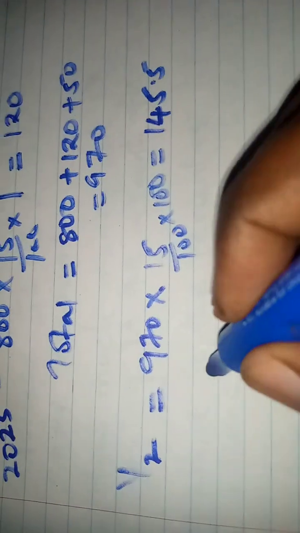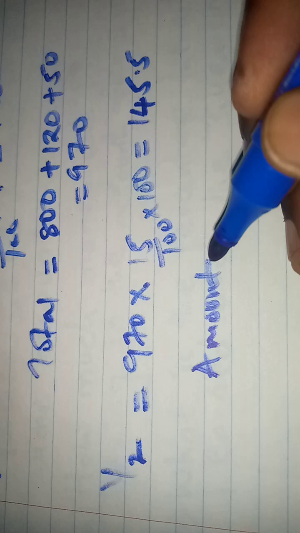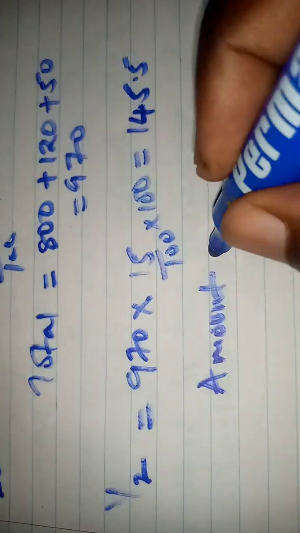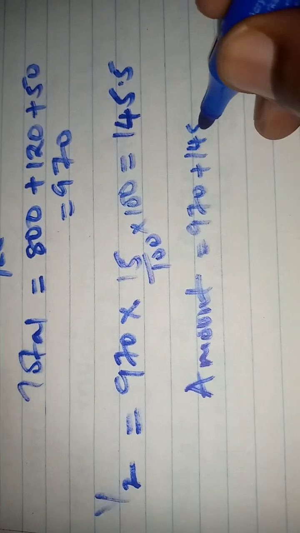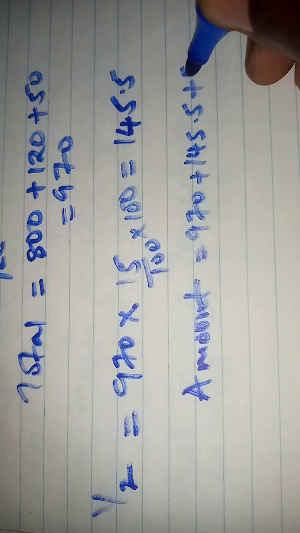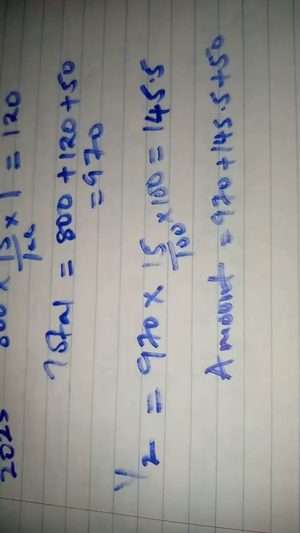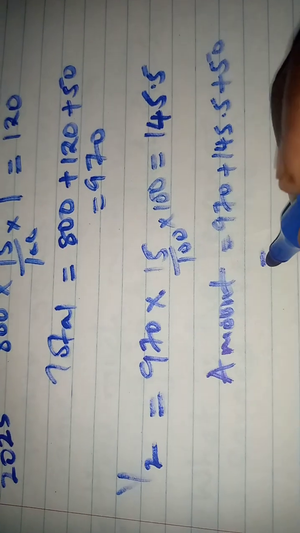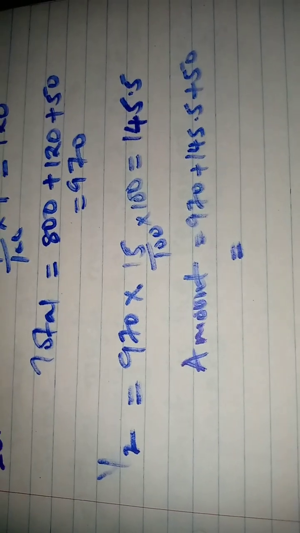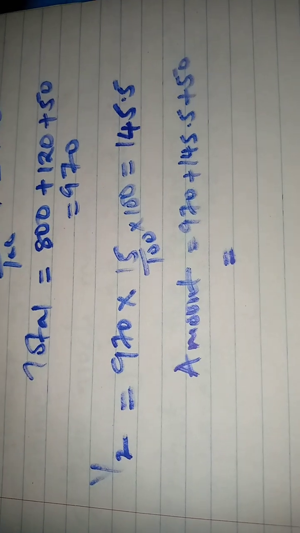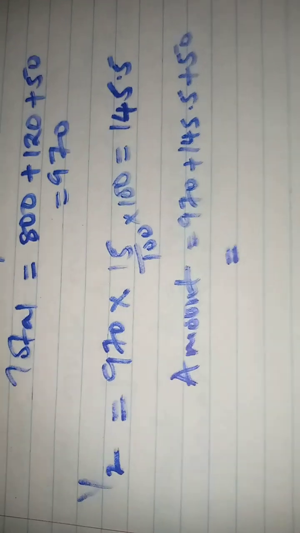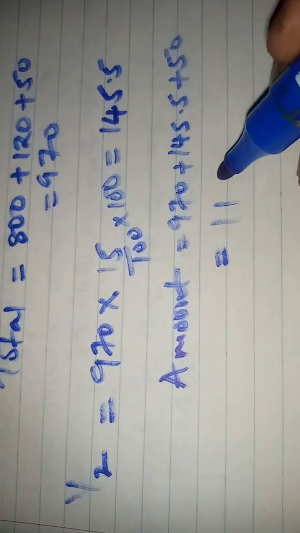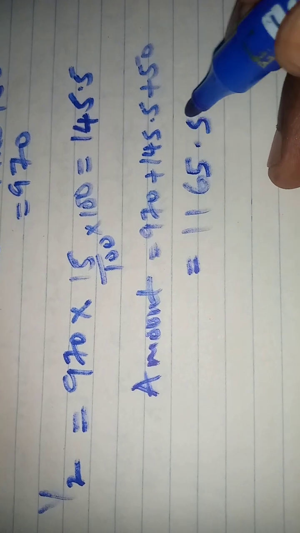To get the amount that I'm going to use in year 3, I will add 970 plus 145.5 plus 50. Remember, I usually deposit 50 at the beginning of each year. So when you compute that, I'm going to have 1165.5 US dollars.